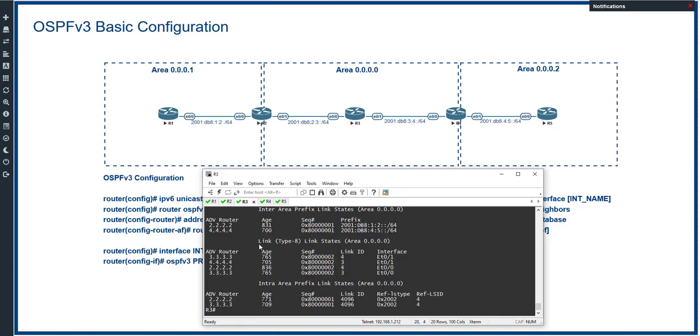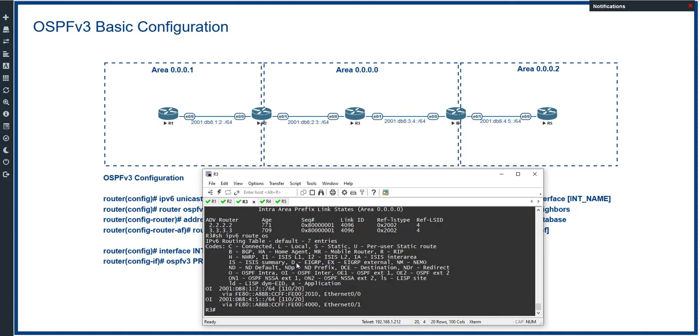After that, let me show you router 3's routing table. Show IPv6 route OSPF. Here we have 2001:DB8:12::/64, this network with the cost of 20, 10 plus 10 equals 20, and 2001:DB8:45::/64, again as the OI route, meaning OSPF inter-area route with the cost of 20. It is so easy.